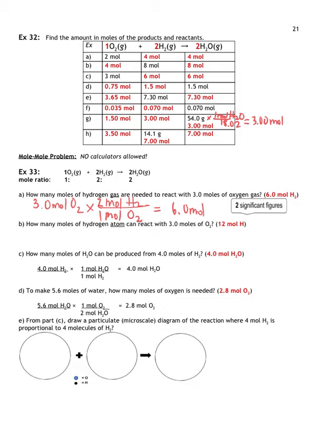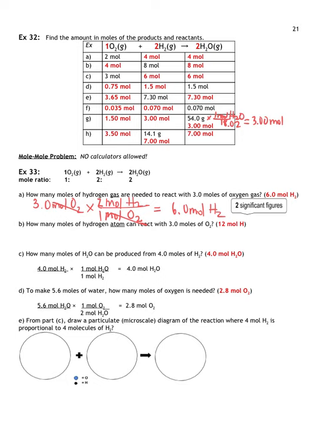Notice the sig figs. There are 2 sig figs here, so your answer should be 2 sig figs as well. So your answer is 6.0 moles of hydrogen. Notice the cross canceling of your units leading to the final units you desire. Let's go ahead and look at the next problem.